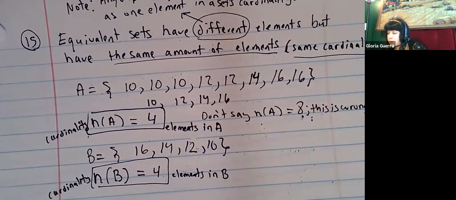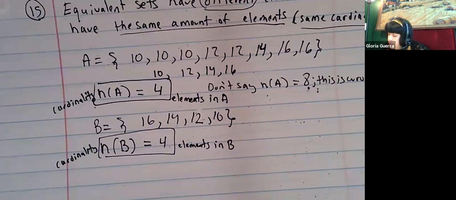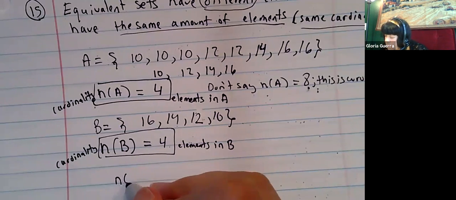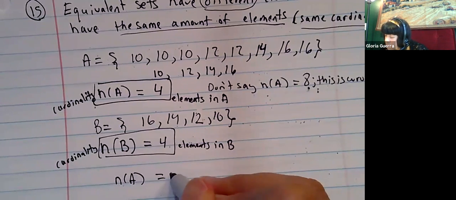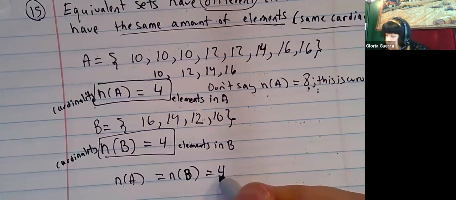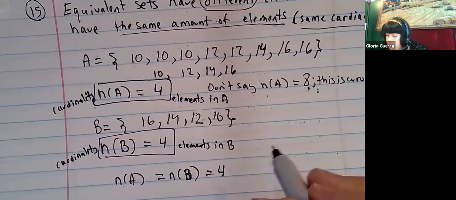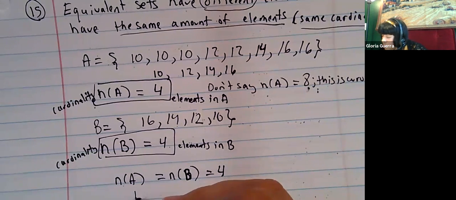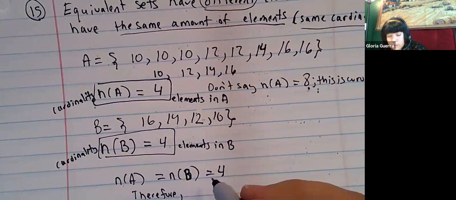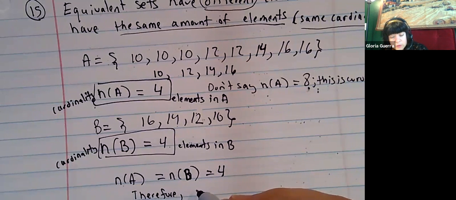Oh, okay, so then that means I can say that N of A equals N of B, which equals 4. And so therefore, these are equivalent. A and B are equivalent.